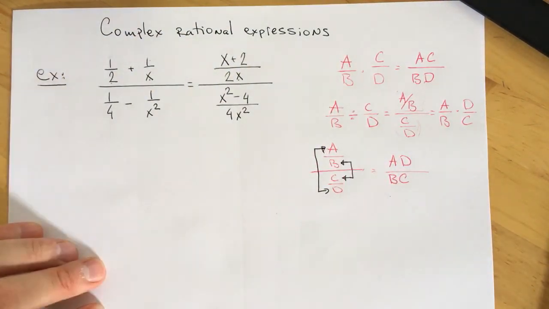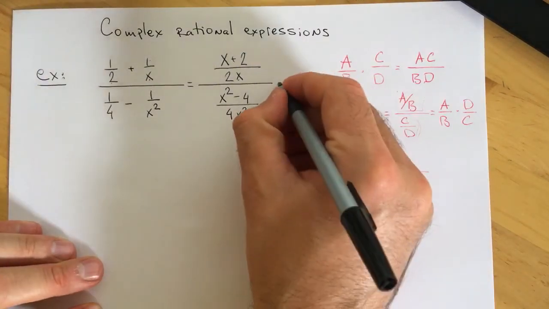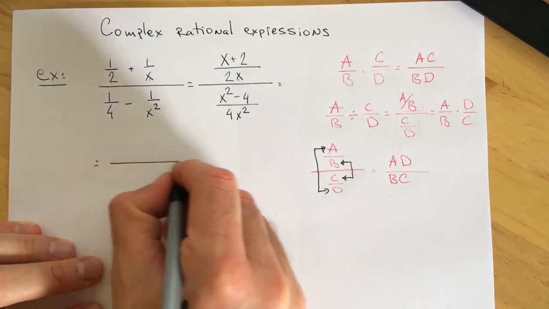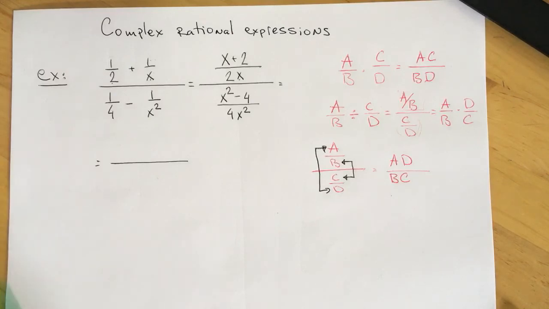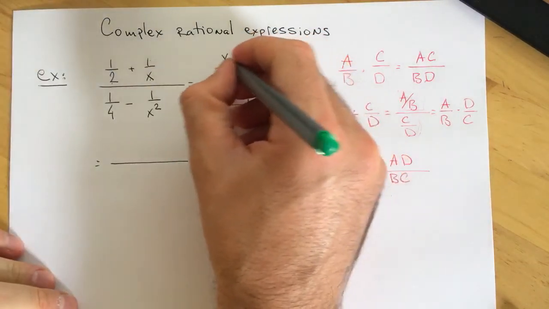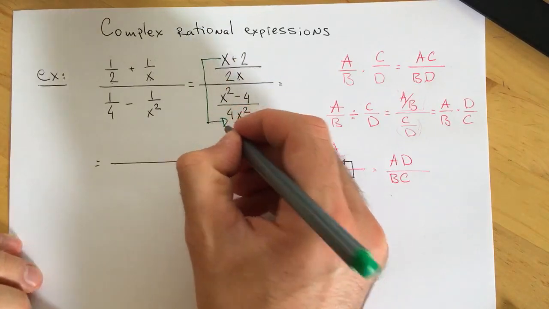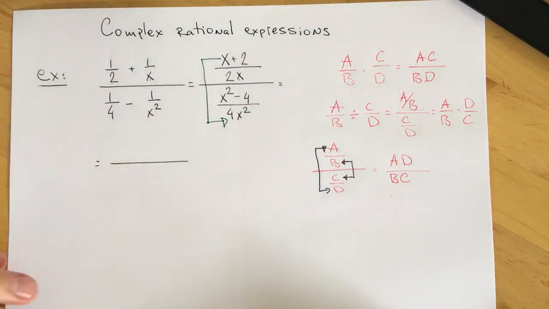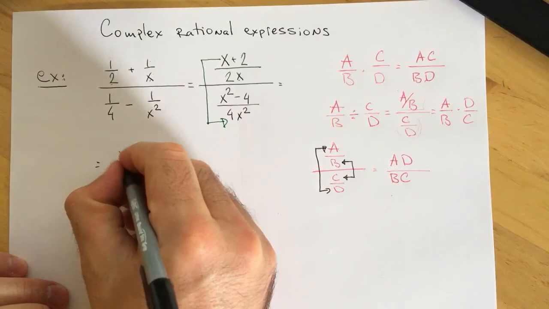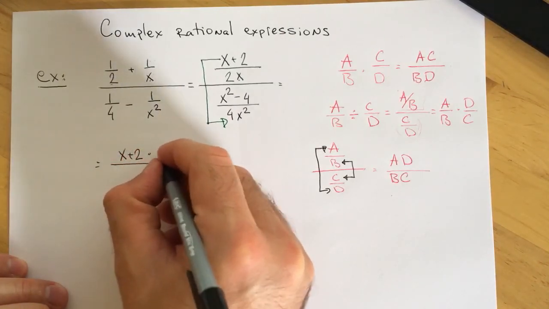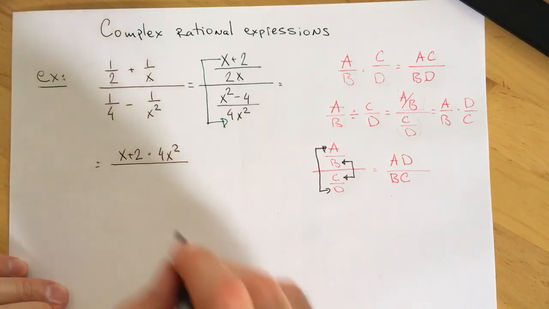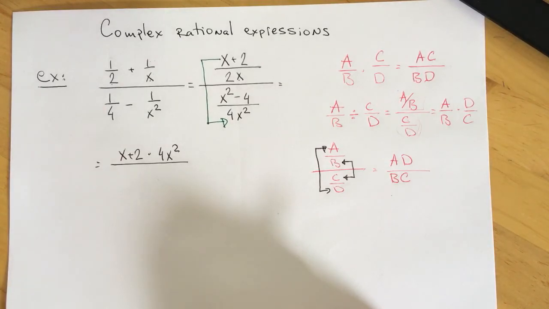So why am I saying this? Because here the outer element is (x plus 2) times 4x squared. So I multiply those two. Now again, I'm making this mistake on purpose.